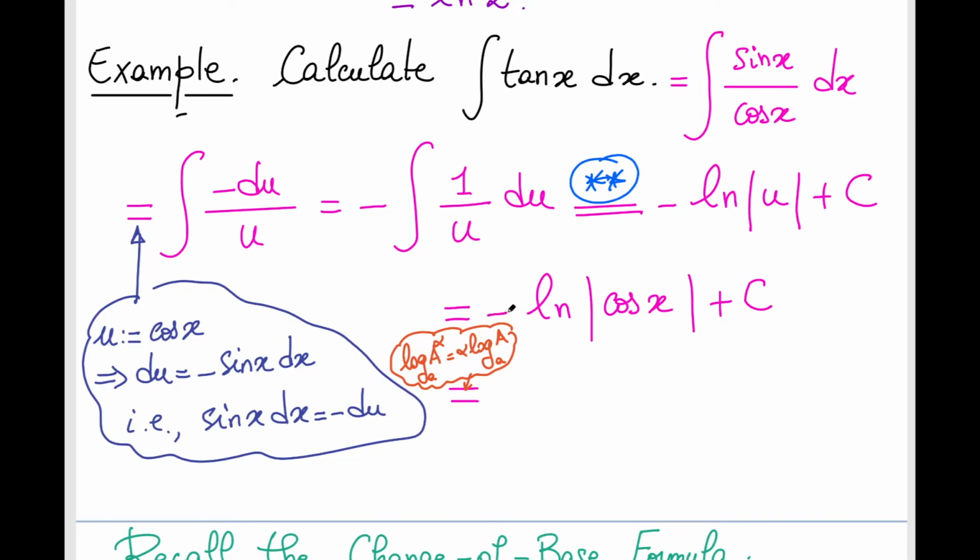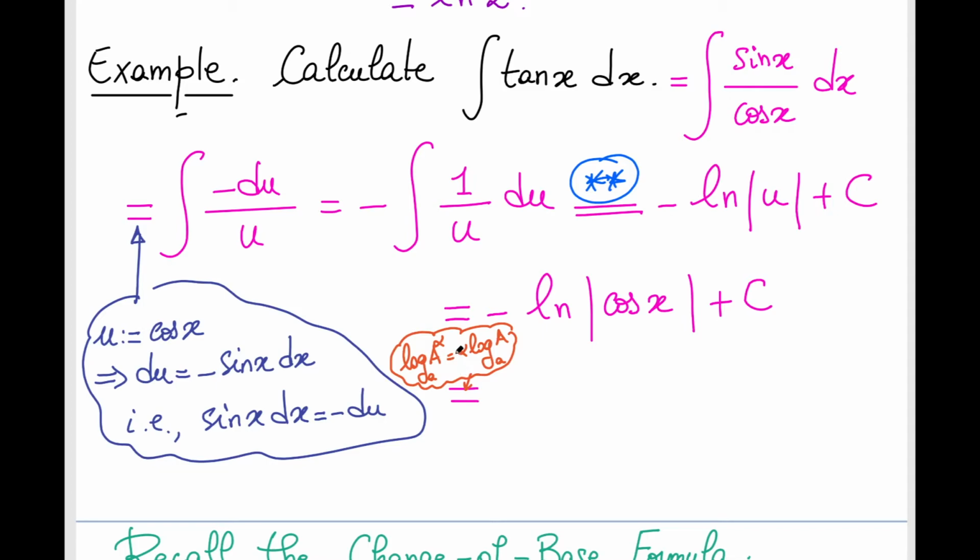So alpha is -1, the base little a is e, and capital A is the absolute value of cosine, correct? So that's what I'm using: alpha being -1, little a being e, the base, and capital A being the absolute value of cosine.